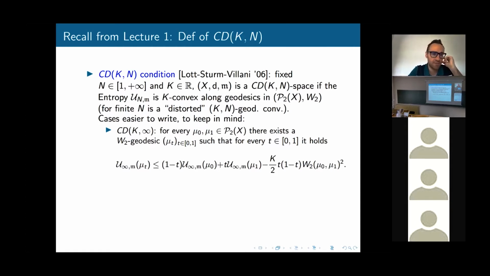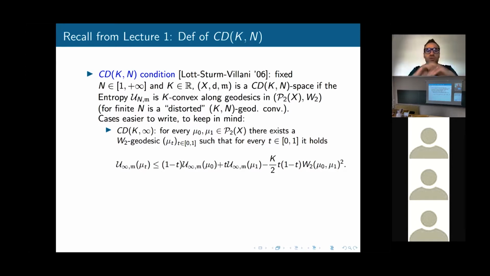However, it is not as simple as that, because while for the lower bound you have convexity of the entropy along any Wasserstein geodesic, to characterize the upper bound you have to consider probability measures which are very concentrated near points and very close. So you have to think of mu0 and mu1 as perturbations of Dirac deltas at two points which are very close.